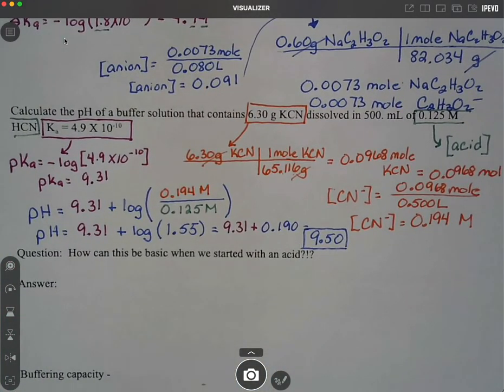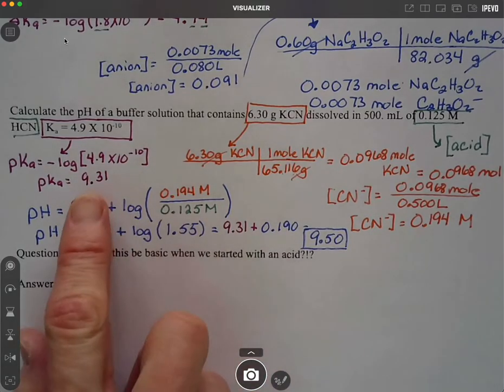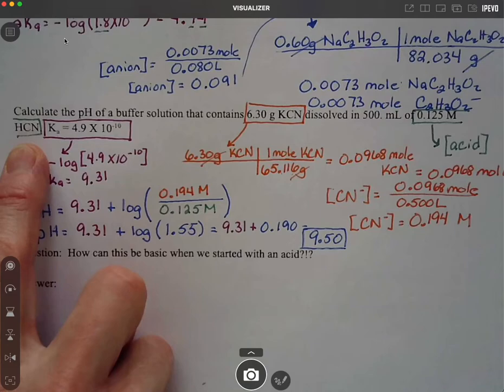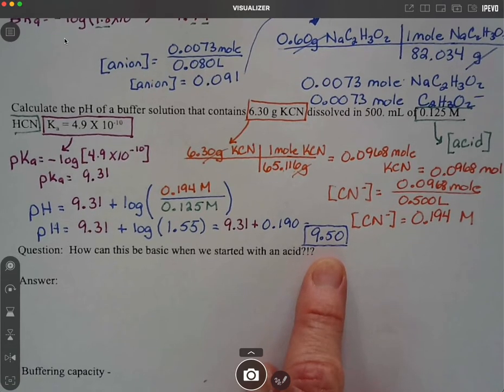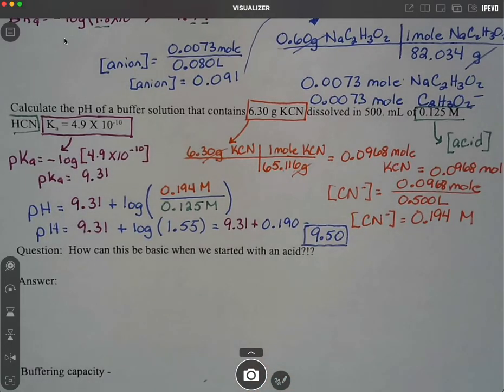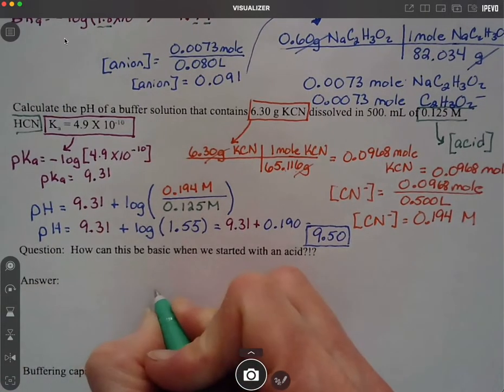Now, at first this seems like, oh my gosh, I've got to be wrong, because they said that I started with this HCN, which is an acid, but now I have a pH that says that my buffer solution is actually basic. And at first that seems a little bit weird, but it's an equilibrium situation.